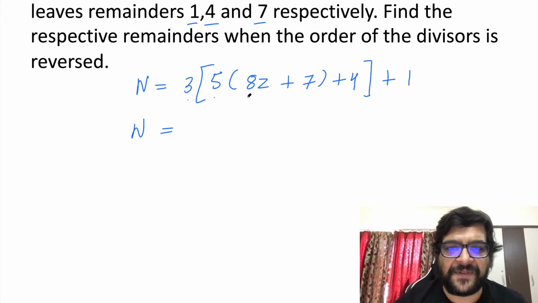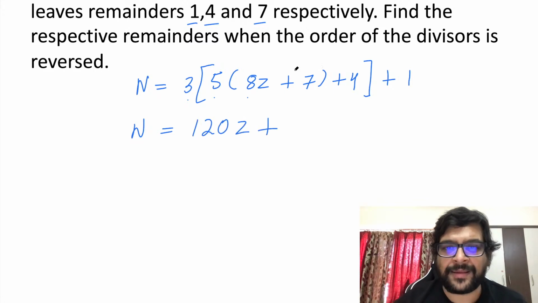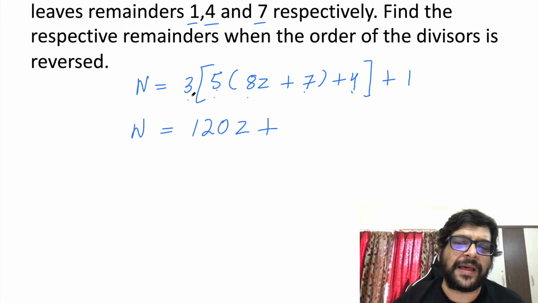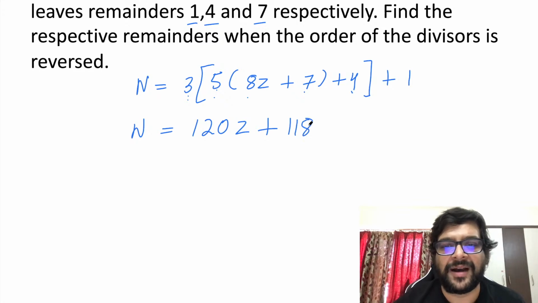So 3 into 5, 15 into 8, 120z plus 5 into 7, 35, 35 plus 4, 39, 39 into 3 is 117, 117 plus 1, 118.